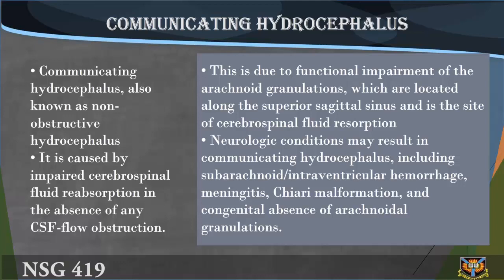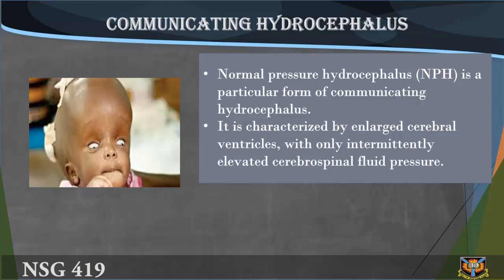Various neurologic conditions may result in communicating hydrocephalus, including subarachnoid or intraventricular hemorrhage, meningitis, Chiari malformation, and congenital absence of arachnoid granulations. Normal pressure hydrocephalus (NPH) is a particular form of communicating hydrocephalus, characterized by enlarged cerebral ventricles with only intermittently elevated cerebrospinal fluid pressure.